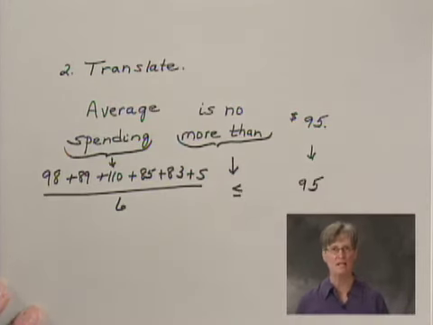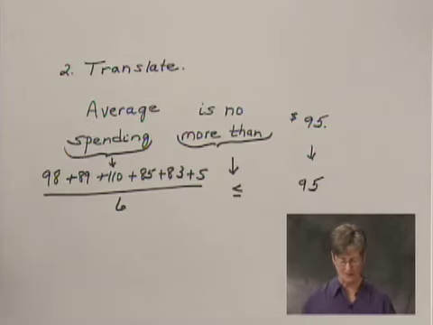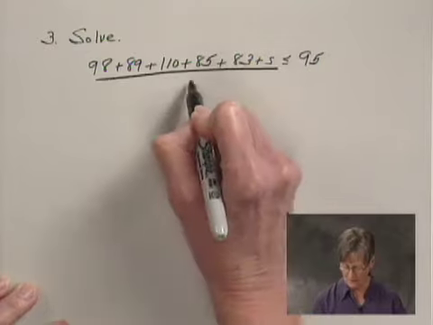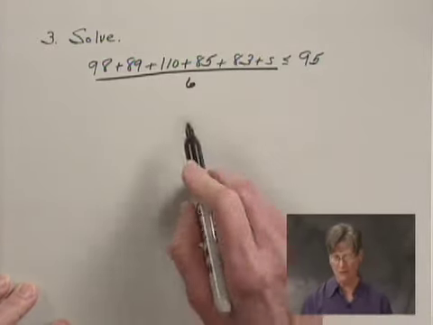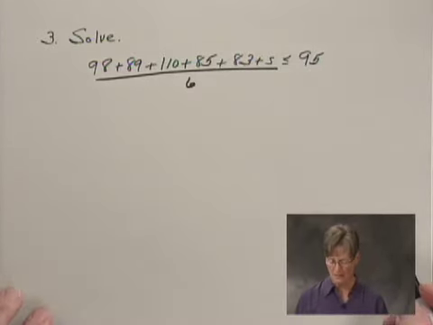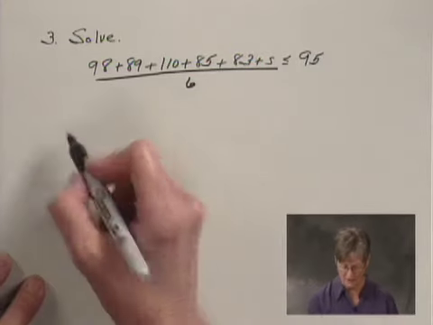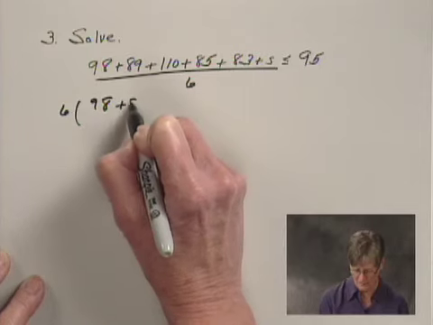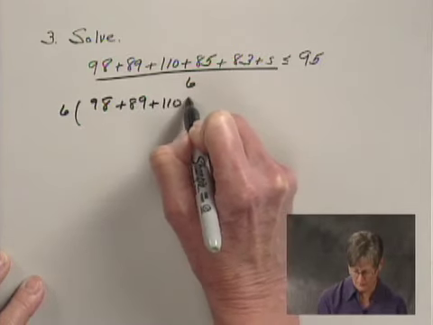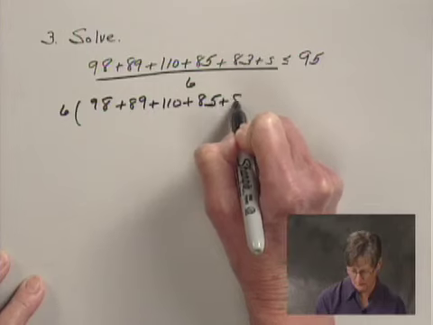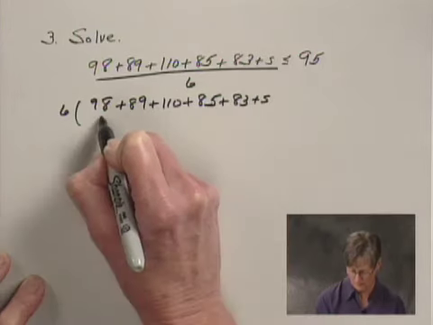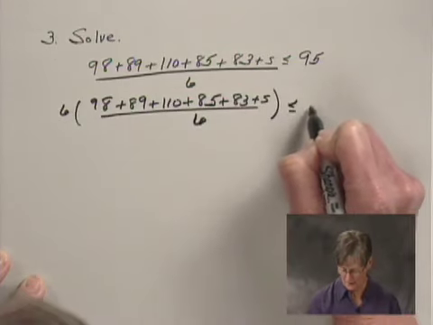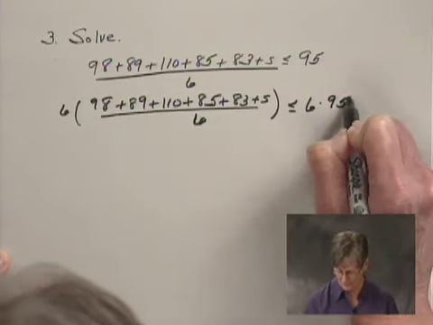So we have an inequality here that we need to solve now. Let's go to the next step in the process and do that. This is all over 6. We begin by multiplying both sides of this inequality by 6 to clear the fractions. So I'd have 6 times this expression on the left-hand side, and that is less than or equal to 6 times 95.